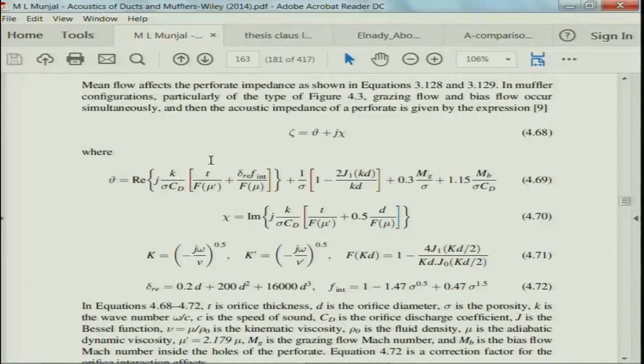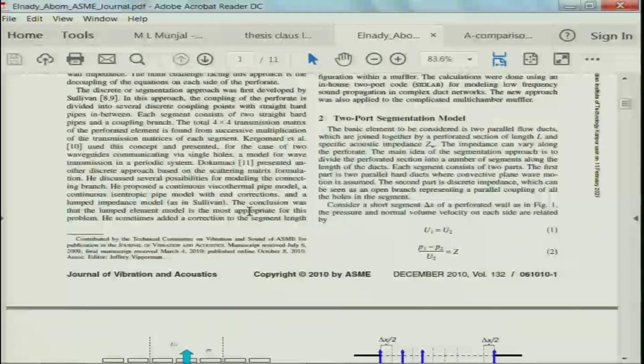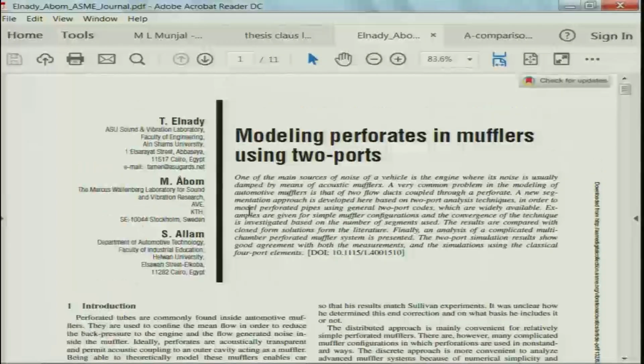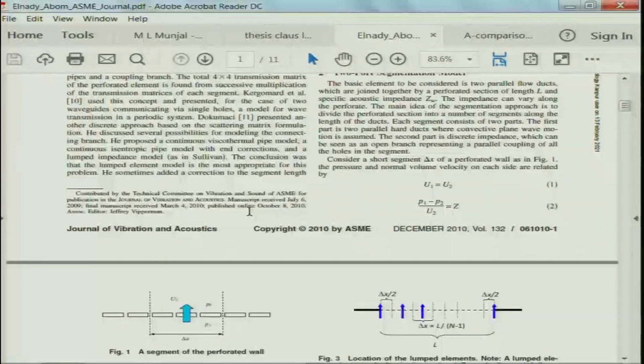So, this nu is a sum total of 4 different parts, and let me get to the paper. This work appeared in the Journal of Vibration and Acoustics, the ASME journal, American Society of Mechanical Engineers, I guess sometime in 2010.